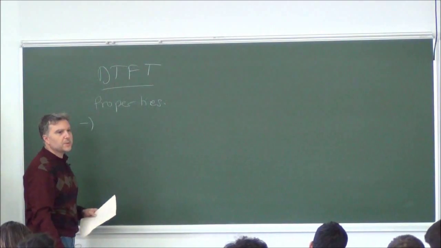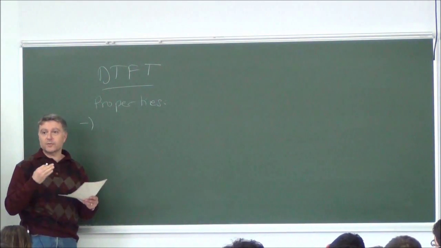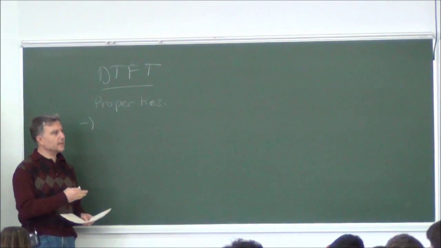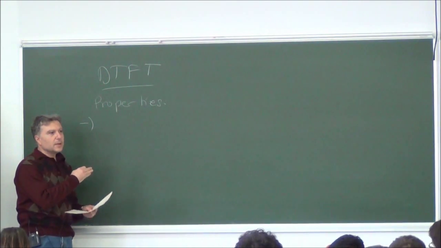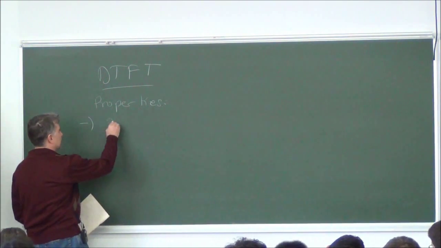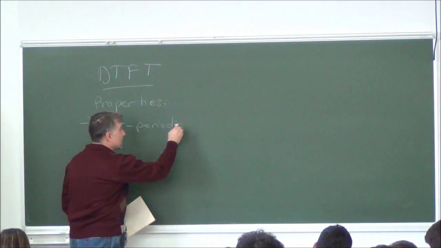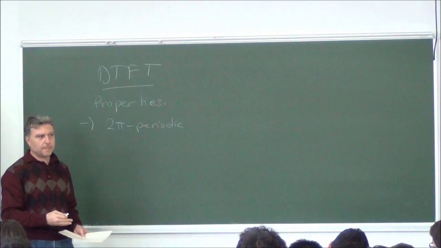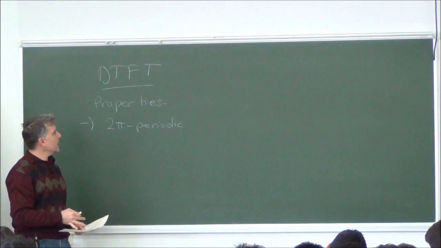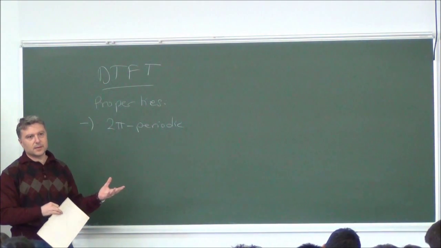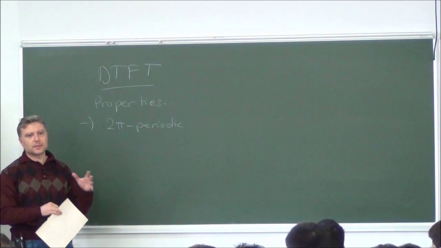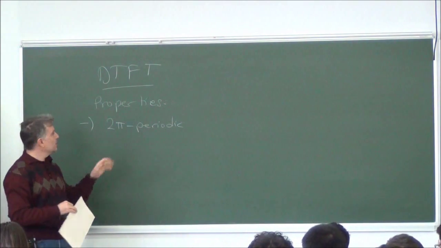The fundamental property of the discrete time Fourier transform that you have to always keep in your minds is that this one is periodic, 2 pi periodic. This is a very pronounced property, and you have to check your results to make sure that the Fourier transform that you come up with becomes 2 pi periodic.